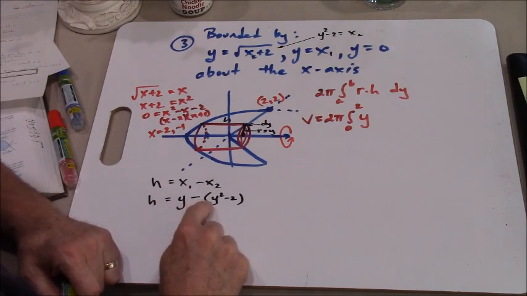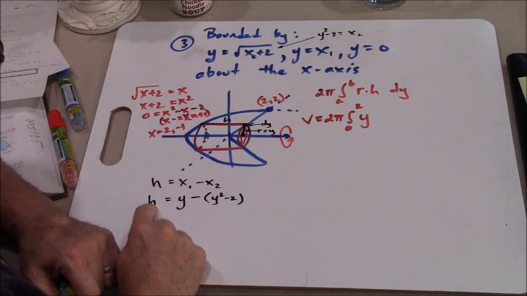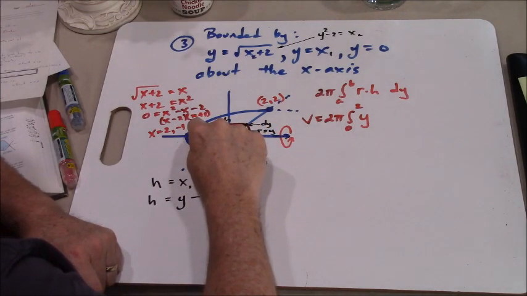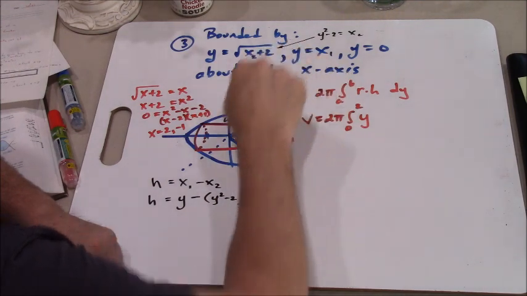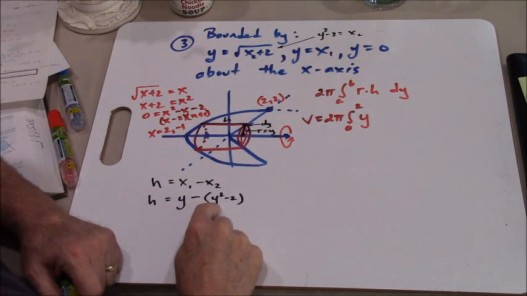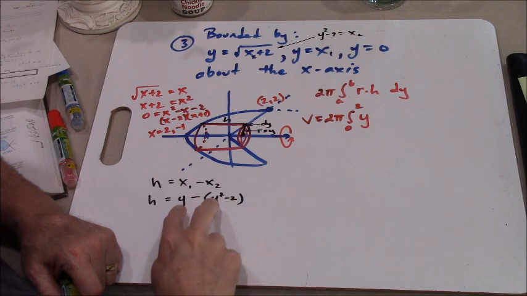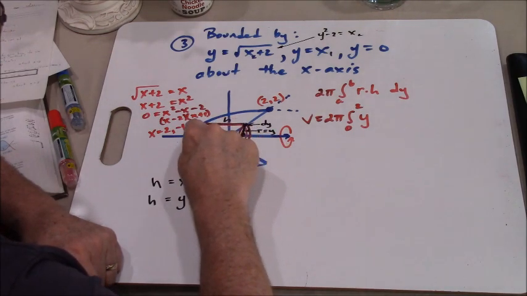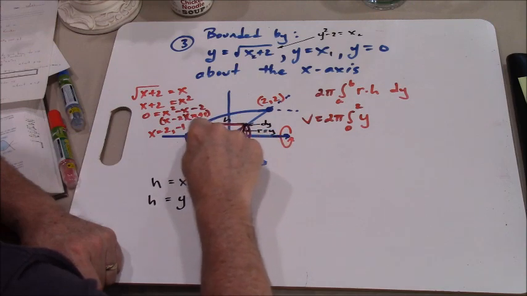So I'm still not sure this makes a whole lot of sense. The height, remember, is this x-coordinate minus this x-coordinate. Which, when I solve for these two x values, I'm going to get y minus y squared minus 2. The reason this works is because the y coordinates are the same for both of these.